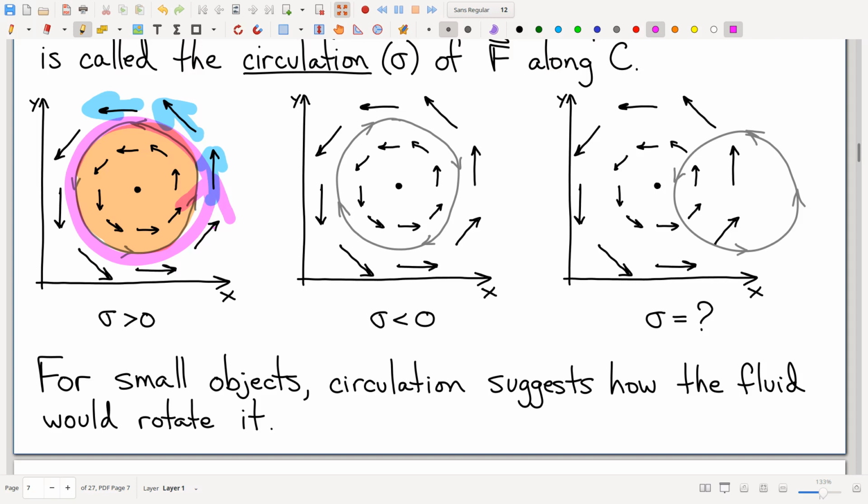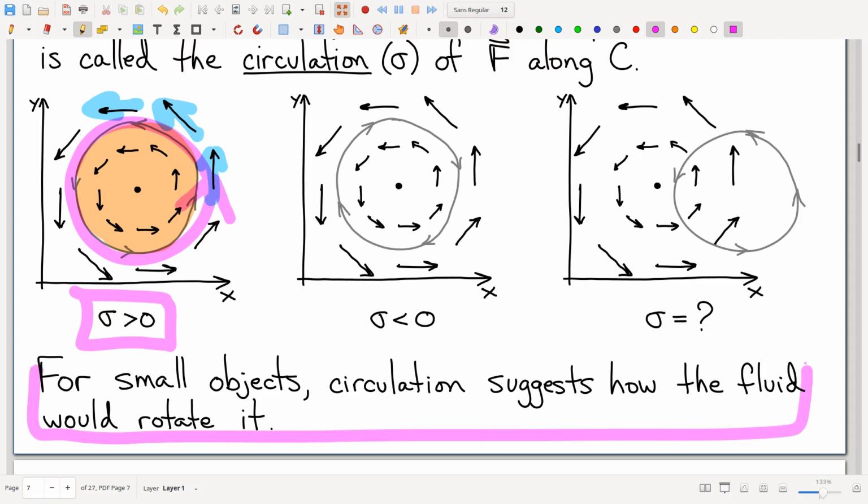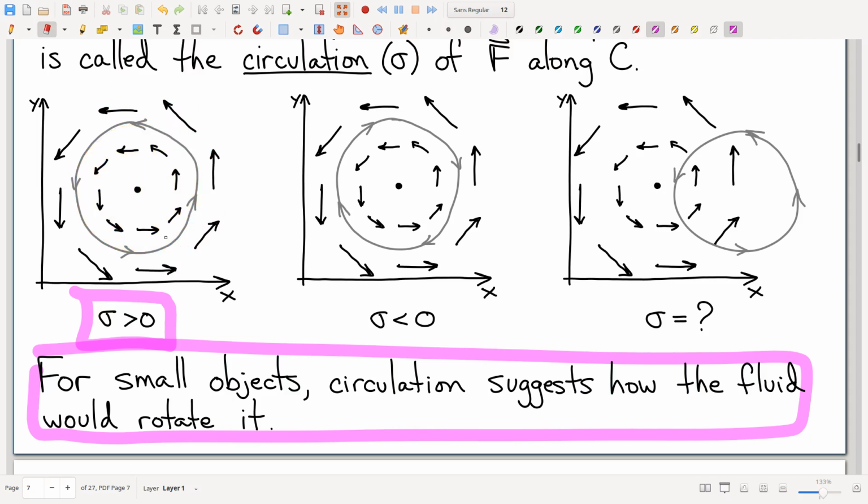And so when you have, per this curve, a counterclockwise circulation, I would expect that leaf would be turning counterclockwise. Right? So circulation is a nice way to get your hands on, at least on the small scale, if we're talking about small things, an indication of which direction small objects are rotating in the fluid. Does that make sense? Or seem plausible? Okay.